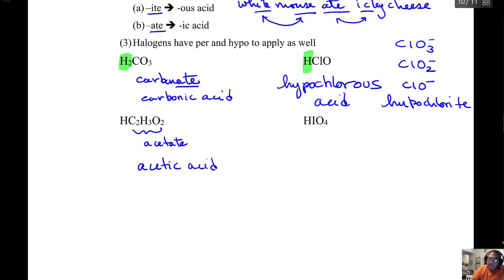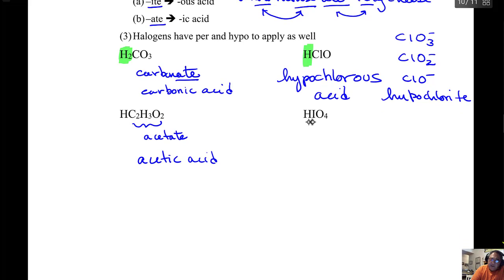And, right, the per would still apply to this, because you see IO4, you have to think to yourself, what is iodate, right? Because that's the name that should pop into your head when you see I and O. And iodate is IO3 minus, so this is periodate.